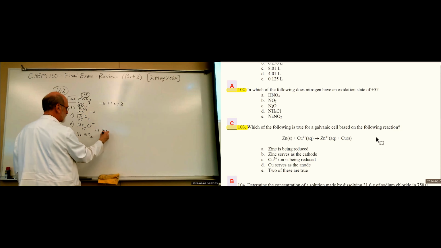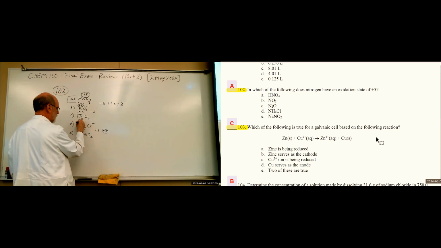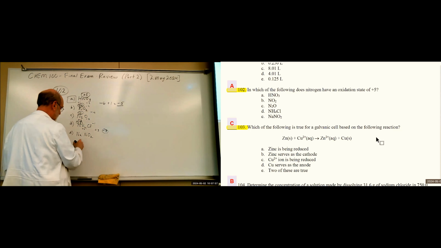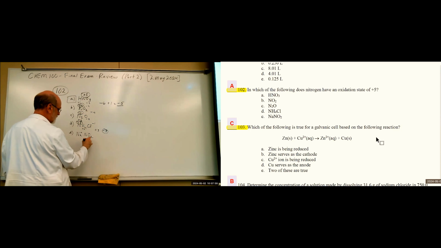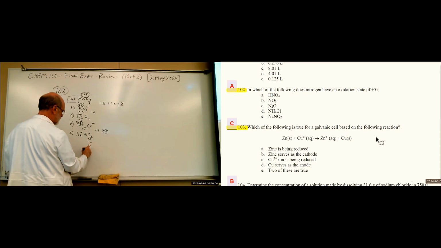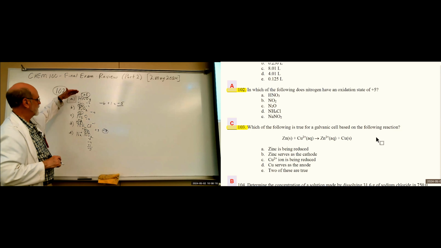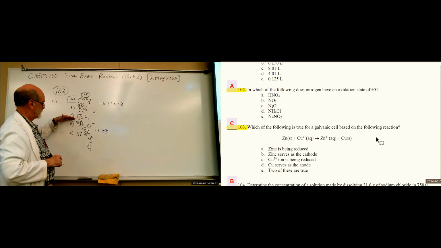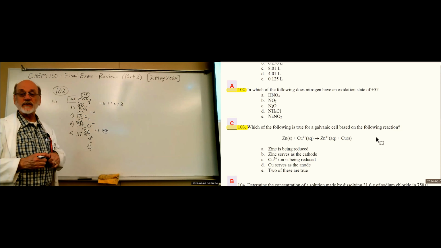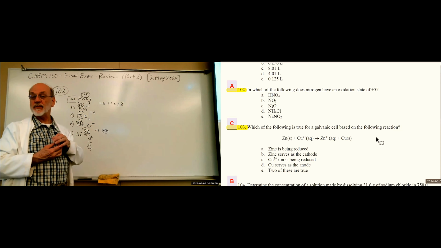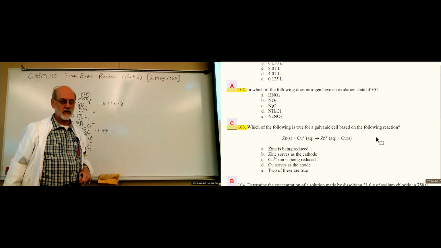We need a -3 for the nitrogen. There. This is a +1. This is a -2, -4 total. +1 means -3. This is a +3. Okay. So there are all your oxidation states. +5, +4, +1, +2, +3. Nitrogen has lots of possibilities. Just like, well, carbon does too.